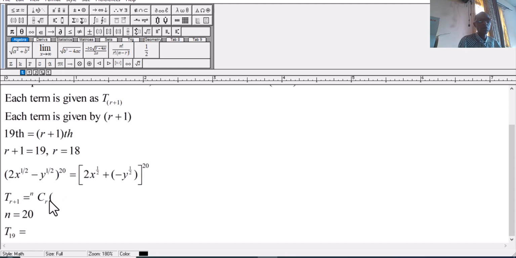So I'm trying to now create how the pattern will look for the (r plus 1)th term.